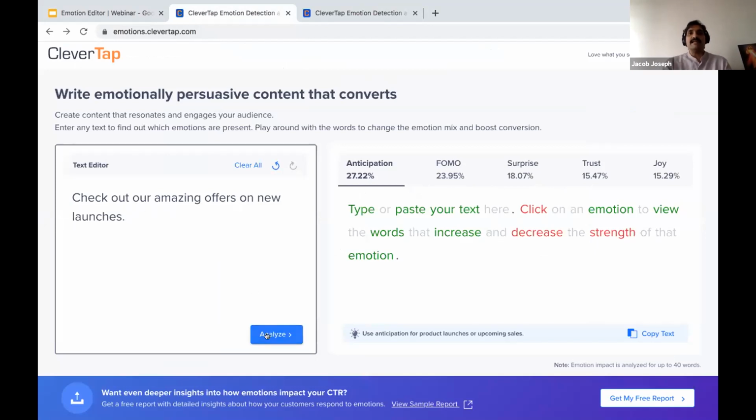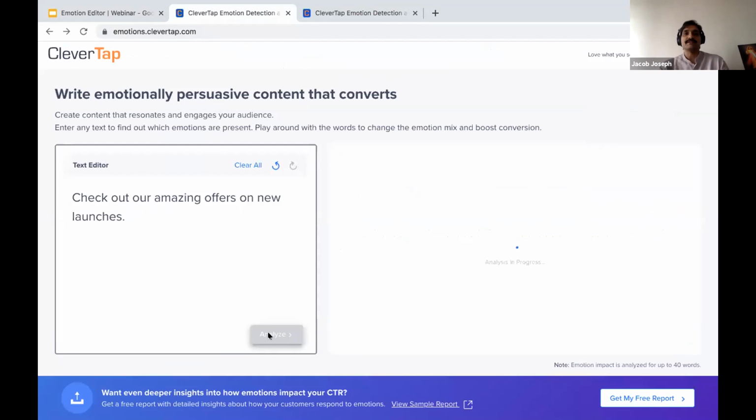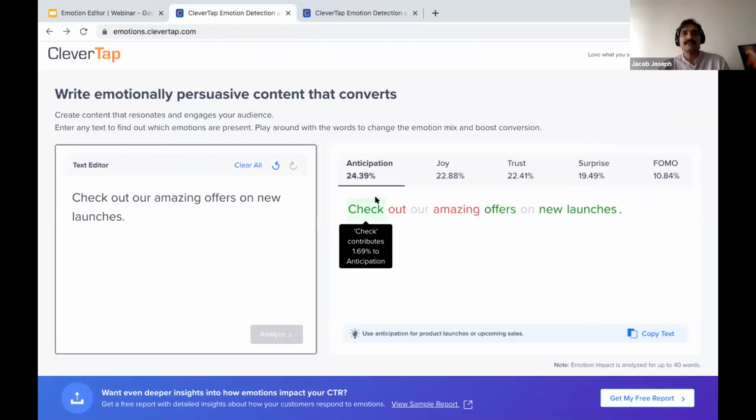Check out our amazing offers on new launches. So what does this give? It says that the highest emotion over here is anticipation with 25%, followed by joy at 23%. And trust is 22%, surprise is 20%, and FOMO is the lowest with just 11%. The total of all these will sum up to 100%.